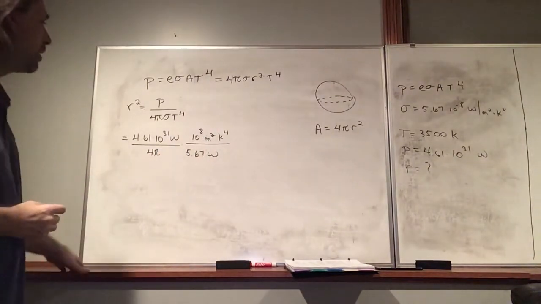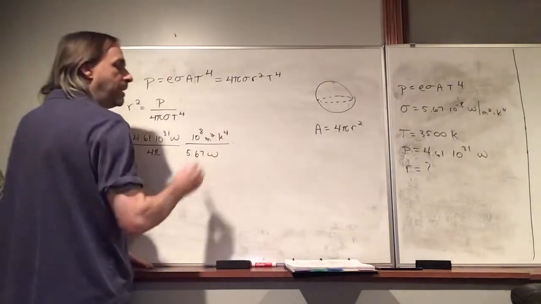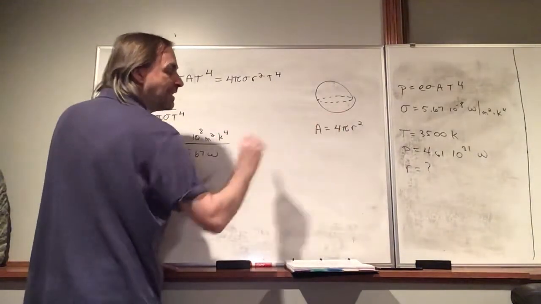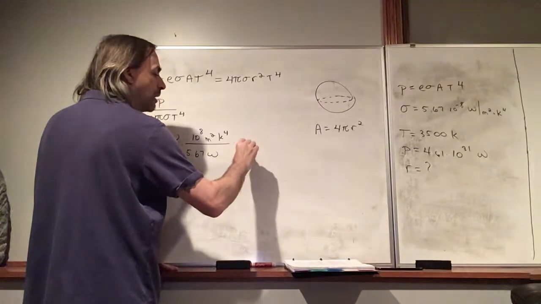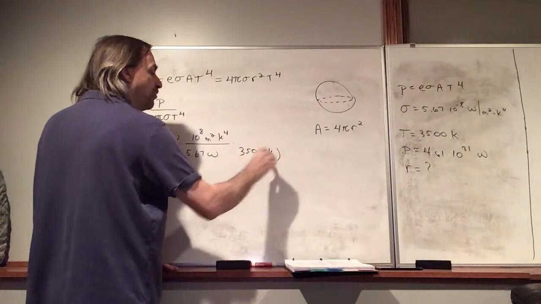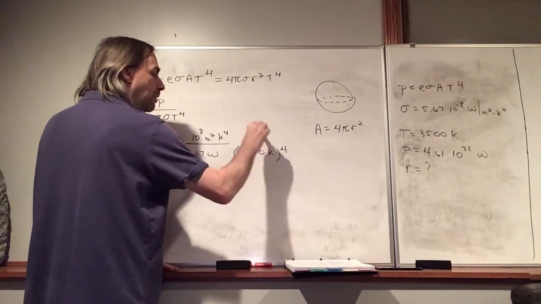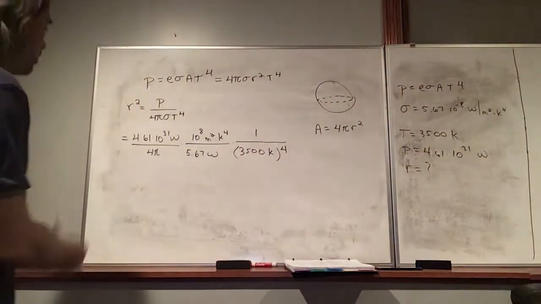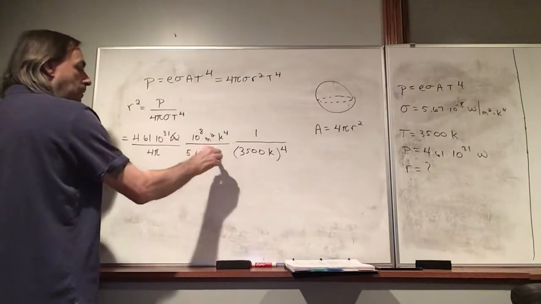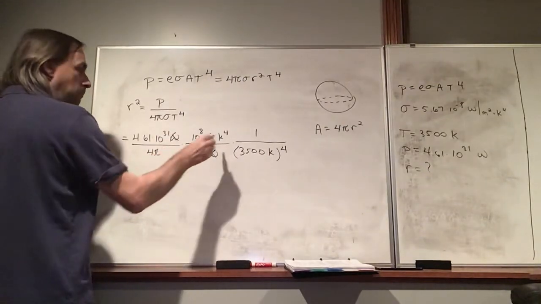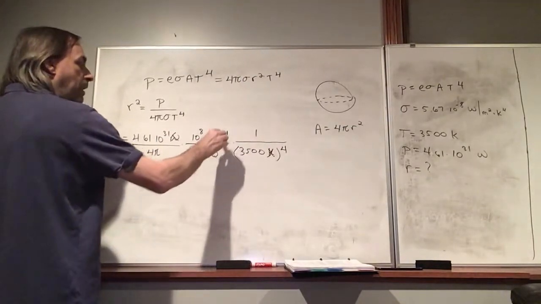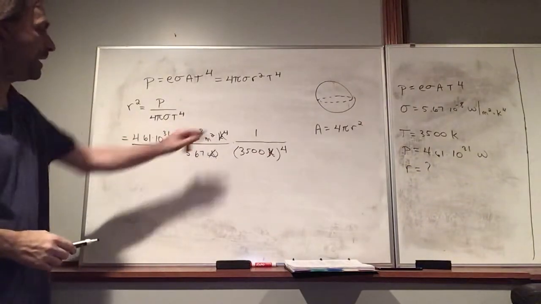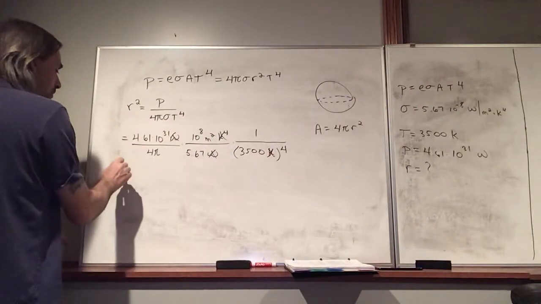And then we divide by T to the 4th. Again, T is in Kelvin, so we don't have to convert it. We always want to check though. Let's check our units here. Watts cancels. Kelvin's going to cancel. So we'll get our radius squared in meters squared.